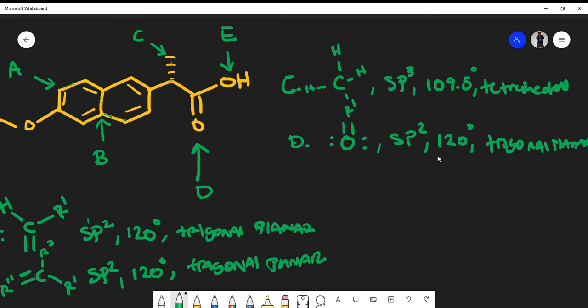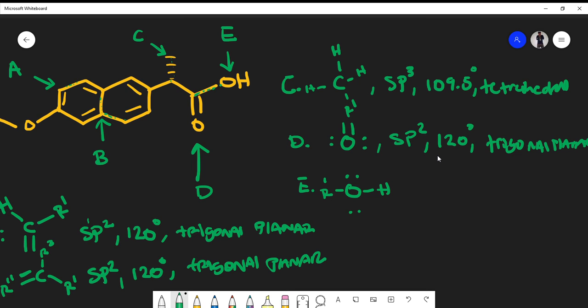How about the last one, which is E? Well, I'm looking at an oxygen that's bonded to a hydrogen. It's also bonded to an R group, which we do not care about, being this aspect that we represented as R. Now remember, this oxygen is neutrally charged. That means that it has to have 2 pairs of lone pairs on the oxygen. That's the only way it's going to be neutral.